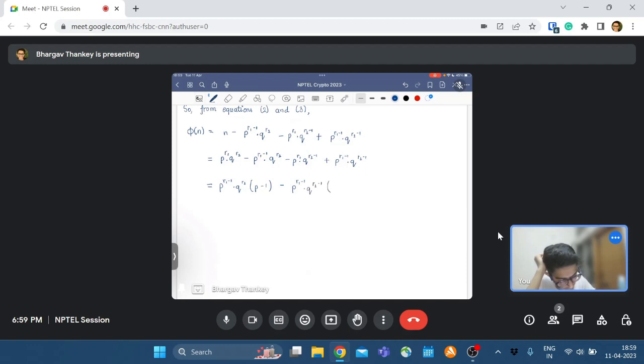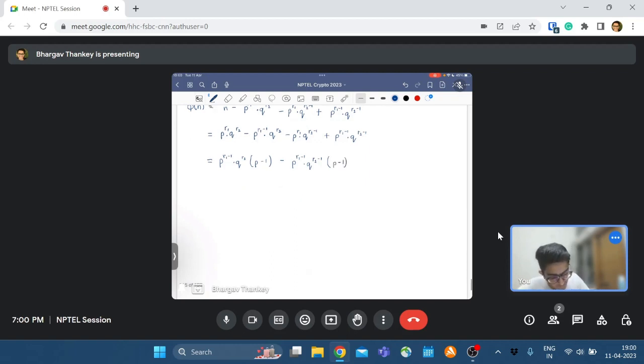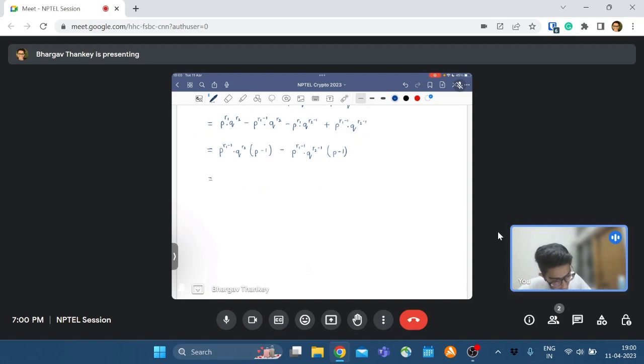We are taking minus of that common, so you would be left with P minus 1. So now we can take P minus 1 common from both to get this.